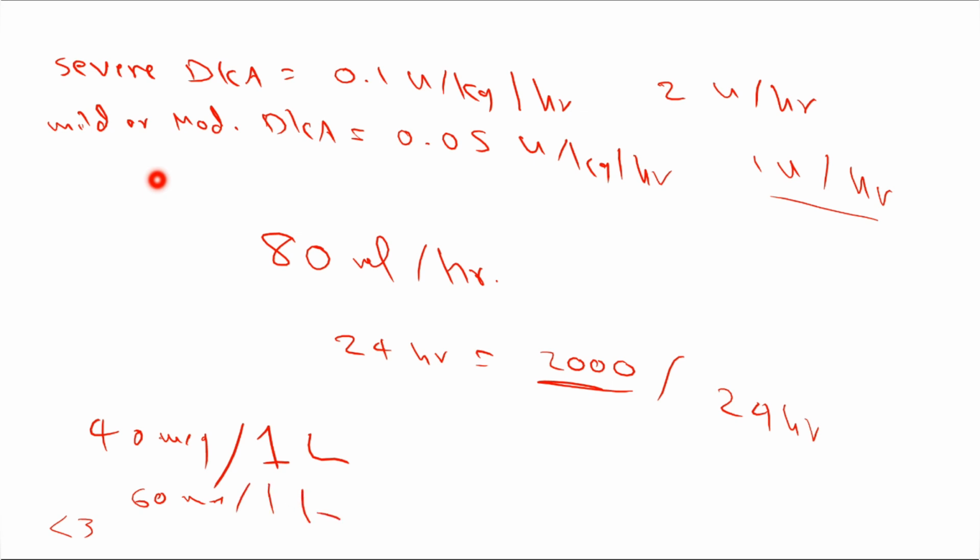And I have to tell you that all these calculations are better given through the infusion pump, because the infusion pump can certify that this fluid and insulin go in a correct dose. The infusion pump is usually available in the ICU.